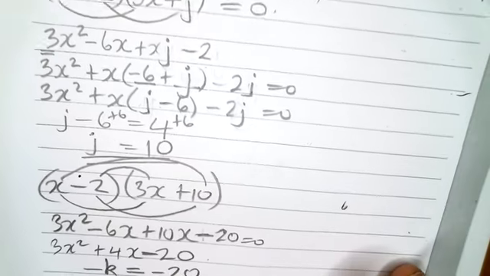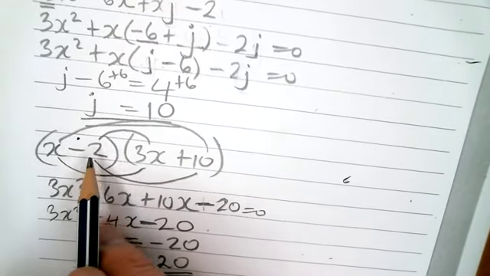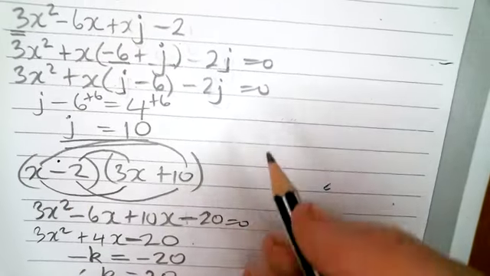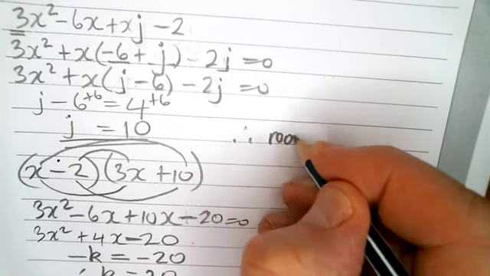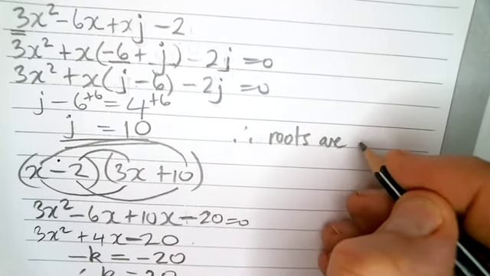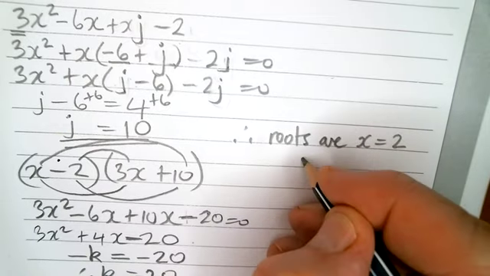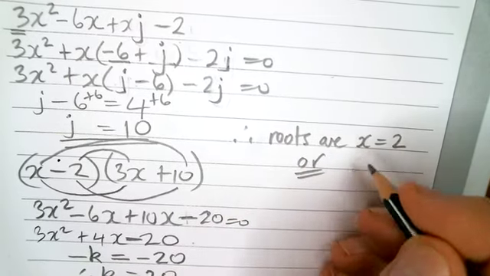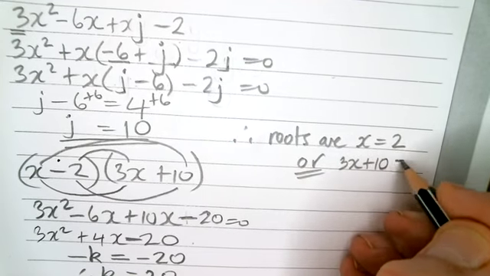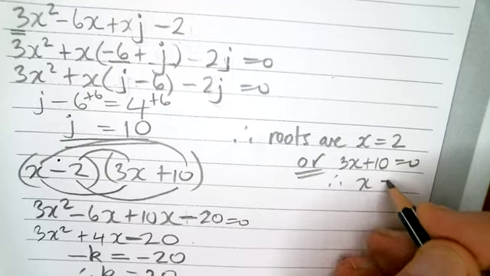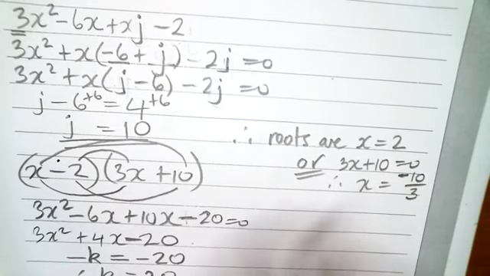The second root, though, well, we've got x minus 2. So 2 is one root. And this is the second root here. So we've got, therefore, roots are x is equal to 2, or we've got 3x plus 10 is 0, therefore x is equal to negative 10 on 3.